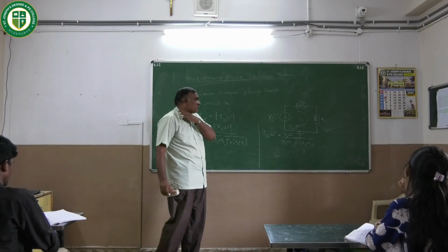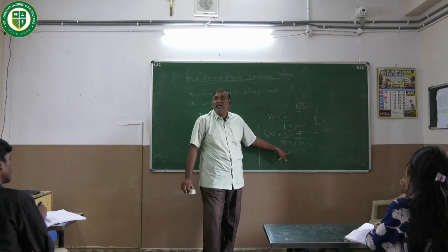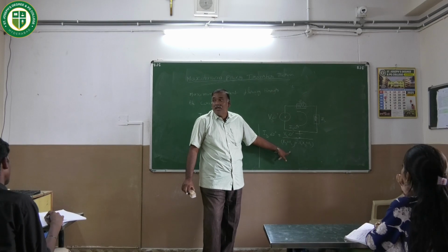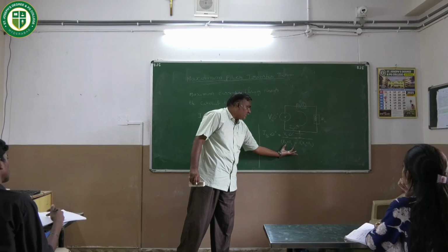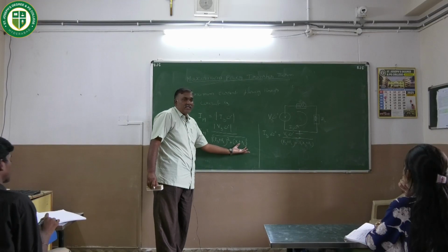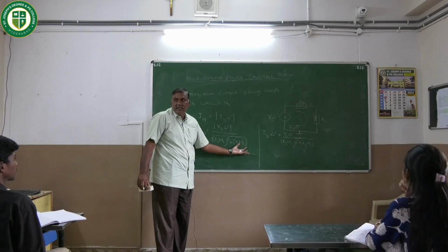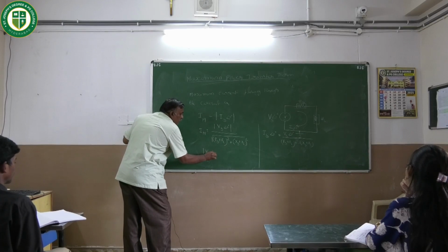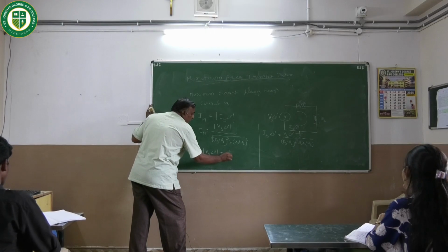Means modulus of a complex number. The complex number is a plus ib. The modulus of a plus ib is simply equivalent to square root of a square plus b square. So this is the a term and this is the b term. So it is going to be Rs plus RL whole square plus Xs plus XL whole square. Are you clear with me, class? Yes? Now the modulus of Vs is simply Vm.